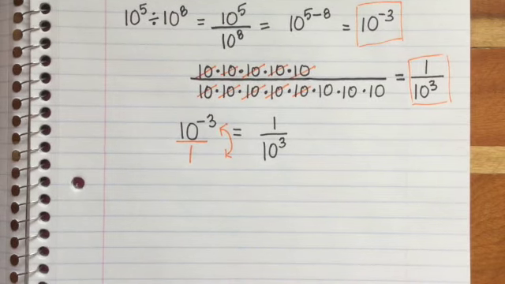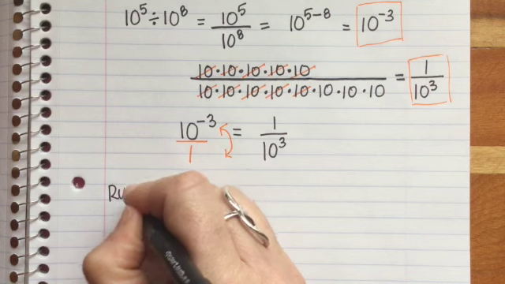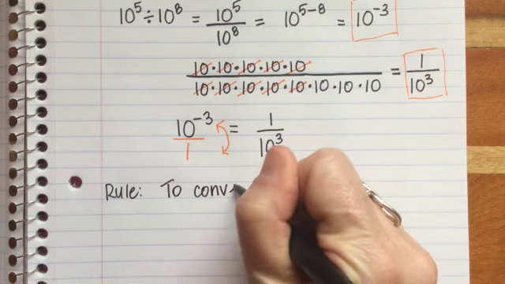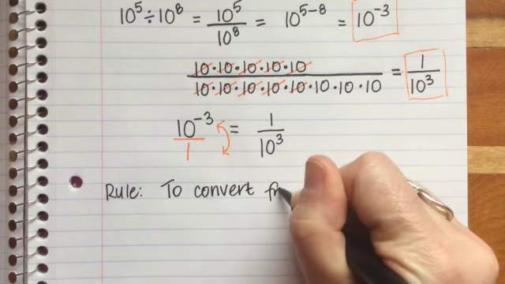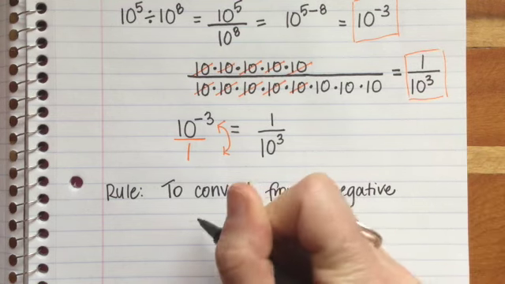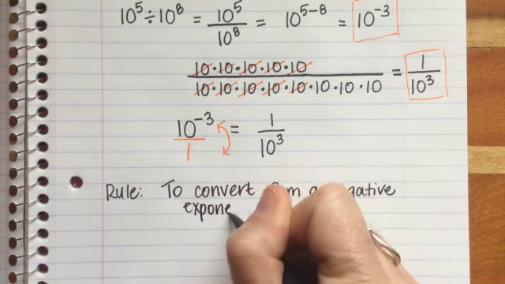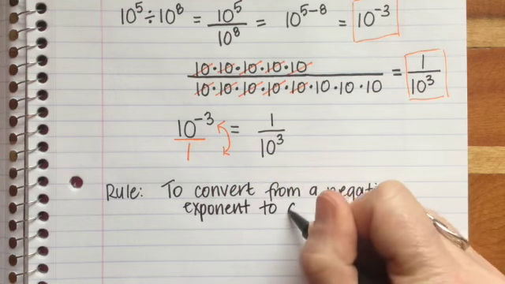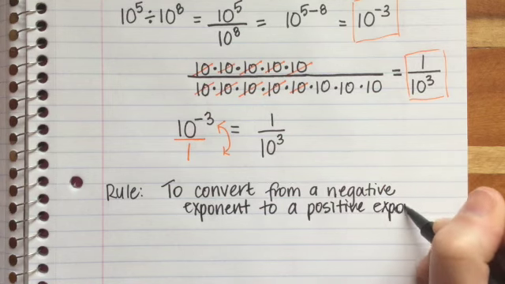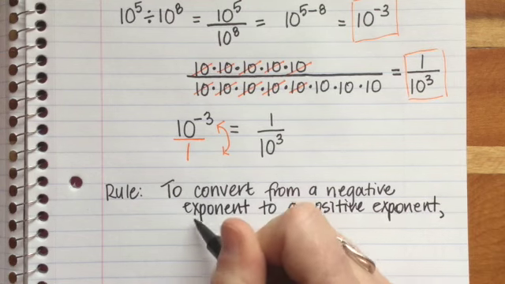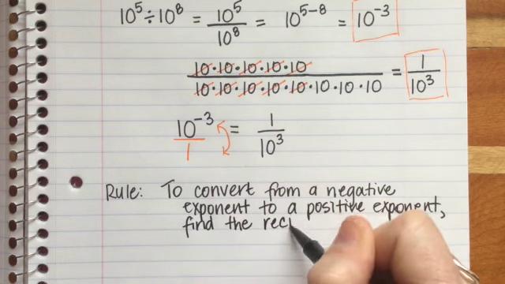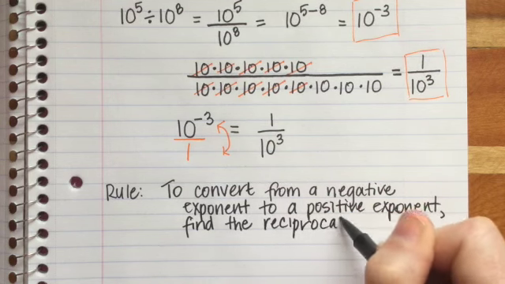So let's write out that rule. To convert, that means to change, from a negative exponent to a positive exponent, all I need to do is find the reciprocal.